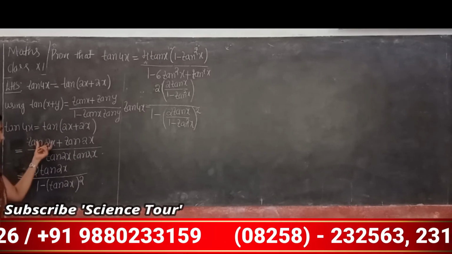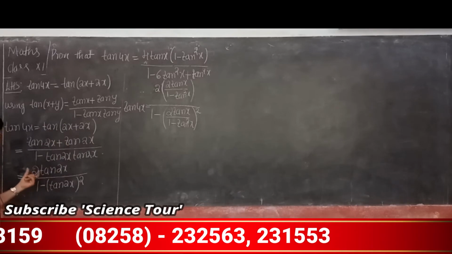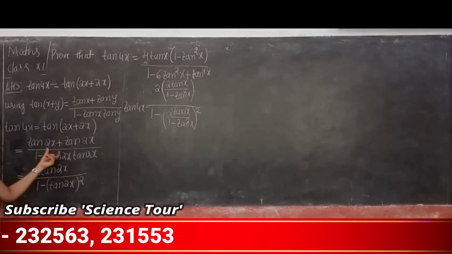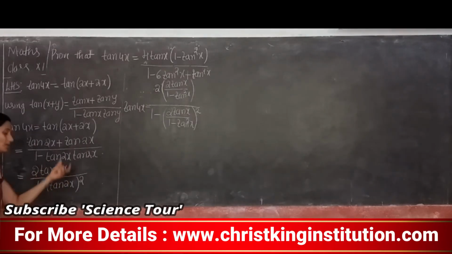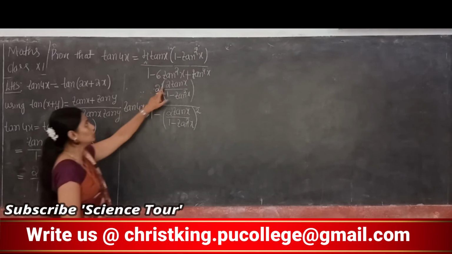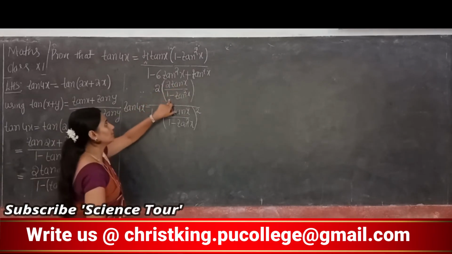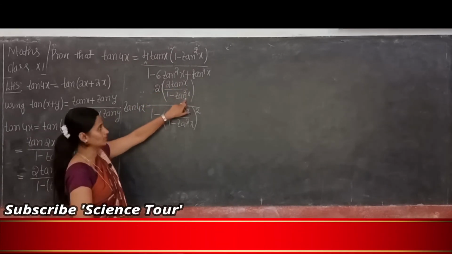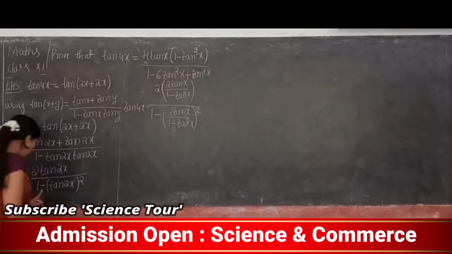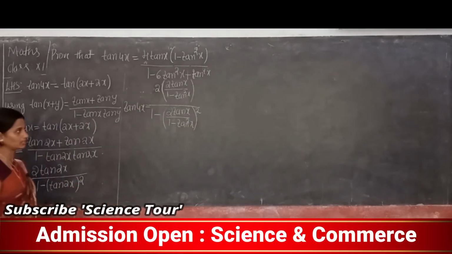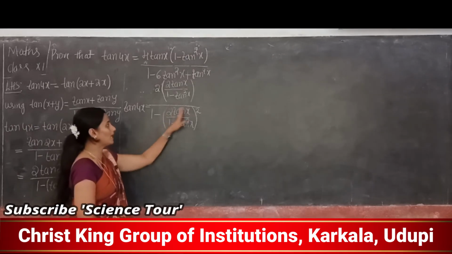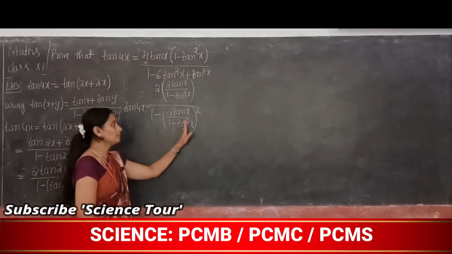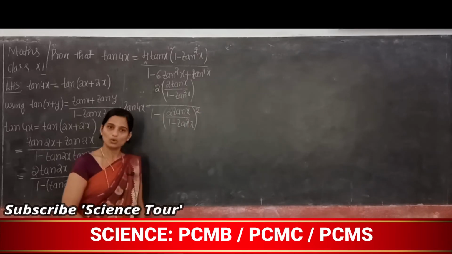So tan 2x plus tan 2x is 2 tan 2x, and tan 2x into tan 2x is tan 2x whole square. Tan 2x is given by the formula 2 tan x divided by 1 minus tan square x. 1 minus tan 2x whole square is 1 minus 2 tan x divided by 1 minus tan square x, whole square.